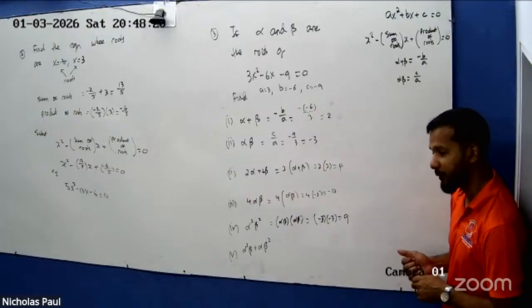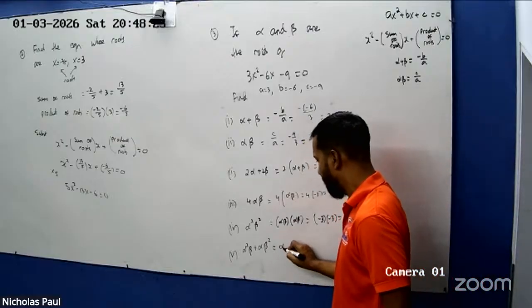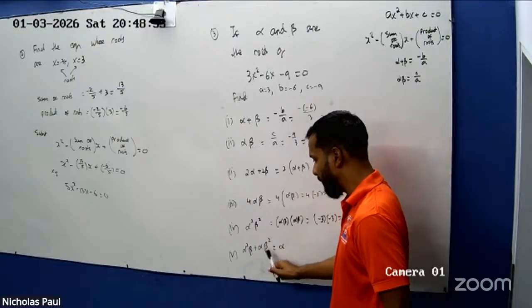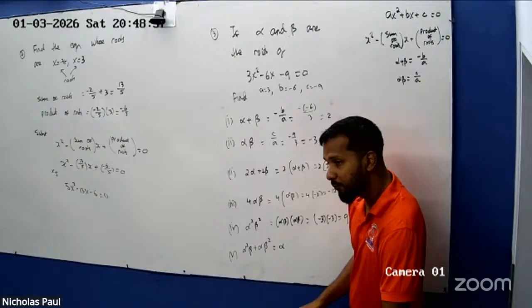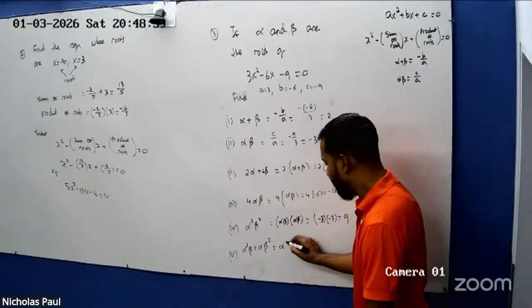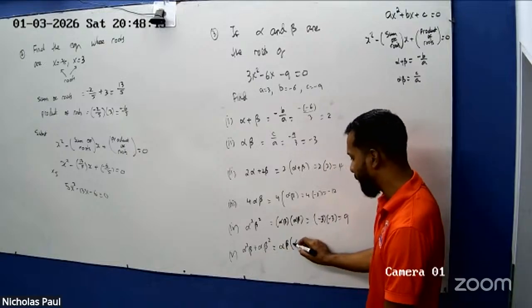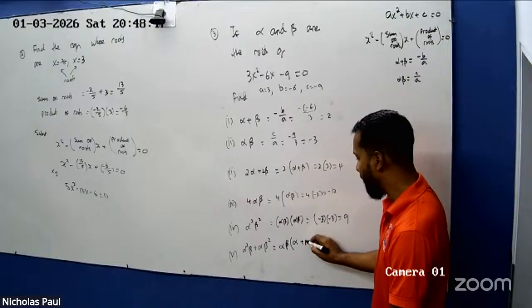You have to factor out the same thing from both of them. What do these two have in common? Alpha beta. If I factor out alpha beta, what would I be left with here?